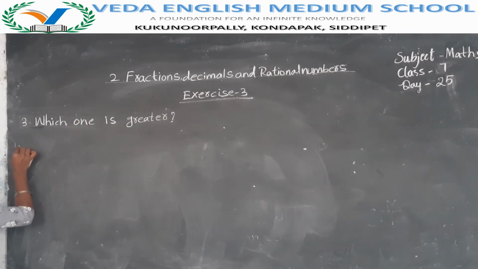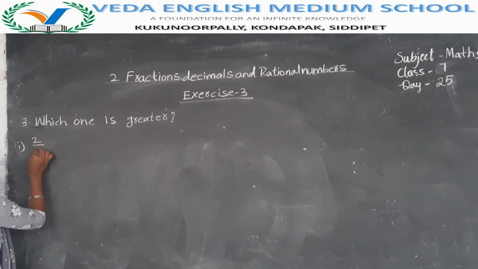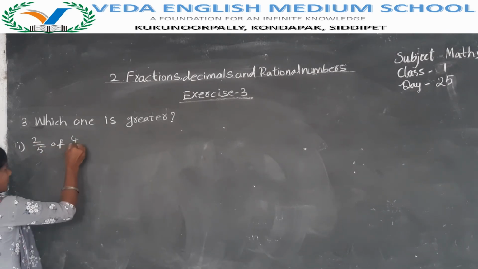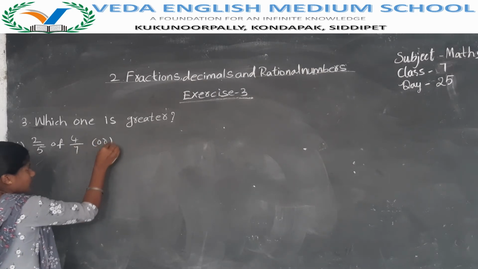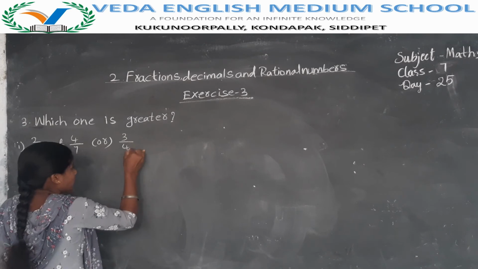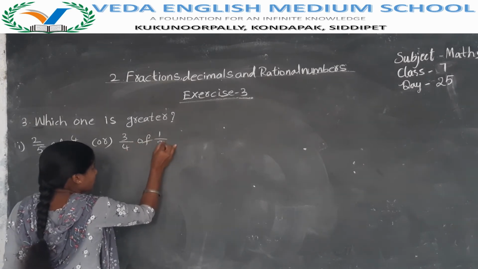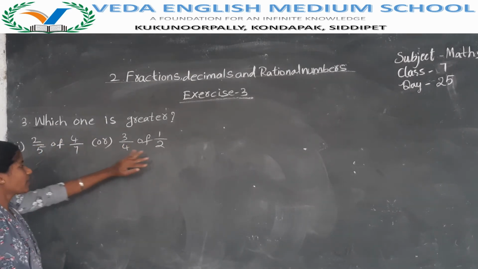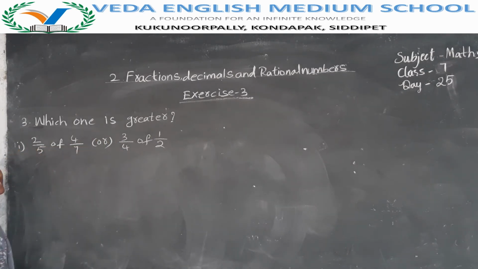First question. 2 by 5 of 4 by 7 or 3 by 4 of 1 by 2. Now they have given two fractions, 2 by 5 of 4 by 7 and 3 by 4 of 1 by 2. Out of these two fractions, which is the greater one, they are asking.